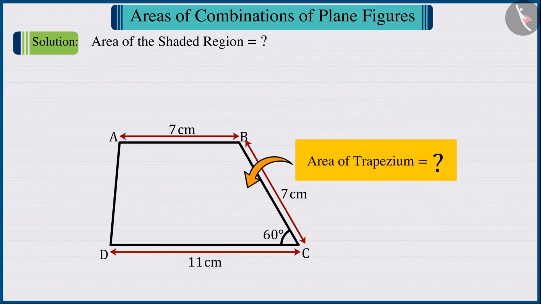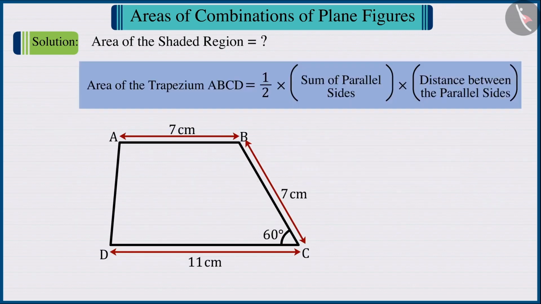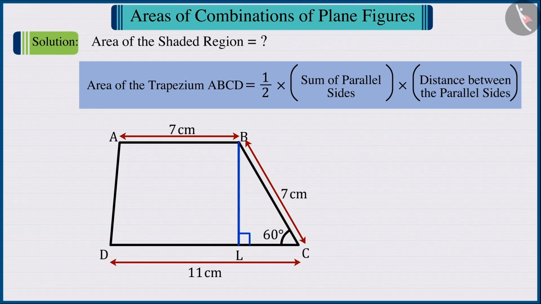Come on, let's see. From the formula for the area of a trapezium, we can see that we need the height of the trapezium. For this, we draw the perpendicular BL from point B on the side CD. Now, we get a triangle CLB where the angle at point C is 60 degrees.